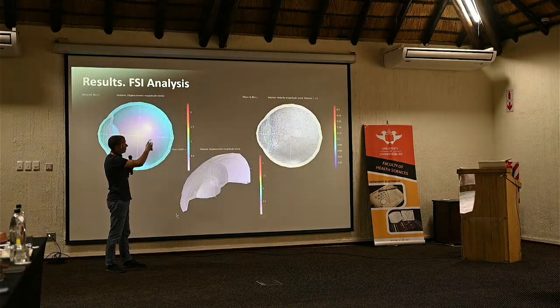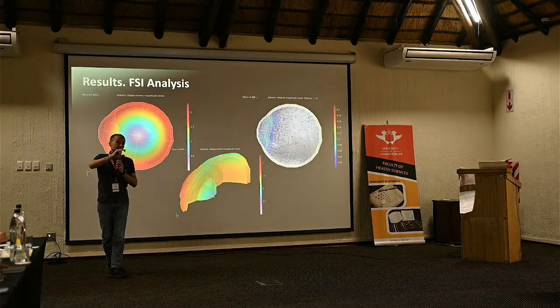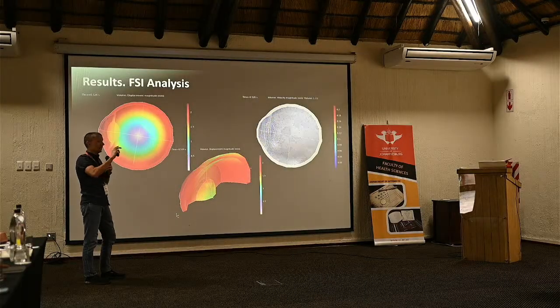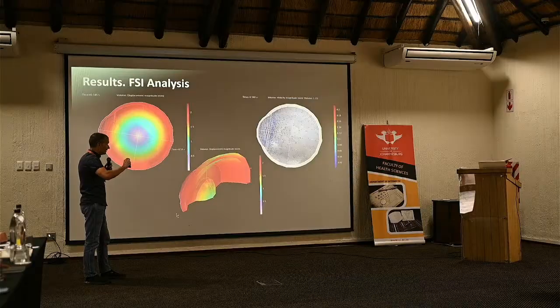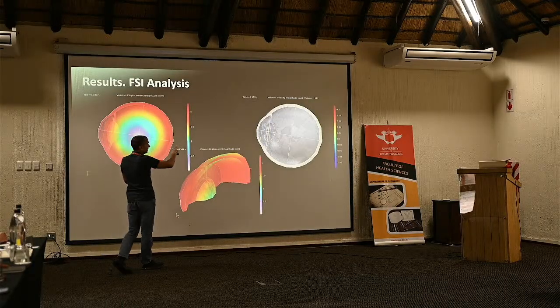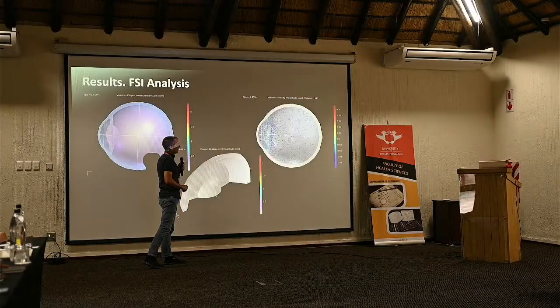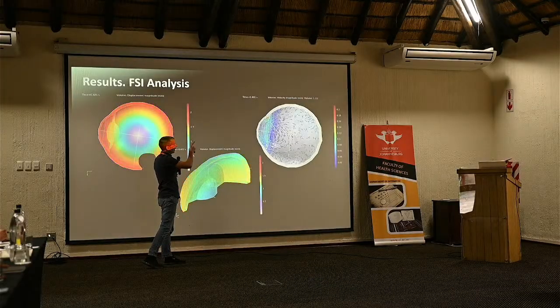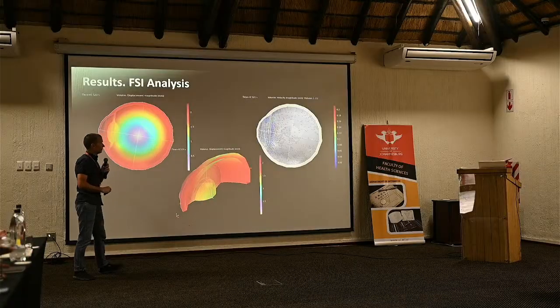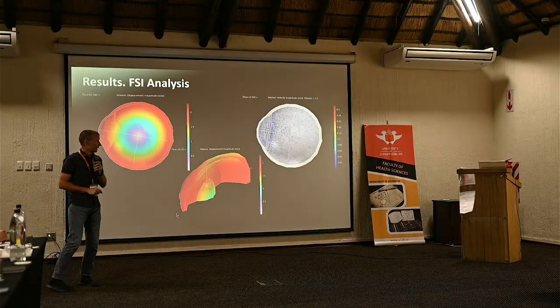As the eye rotates, since the lens is suspended, the lens is pulling or pushing the fluid in those chambers, and you observe here, in the red colors, the maximum values of the velocity of the fluids.